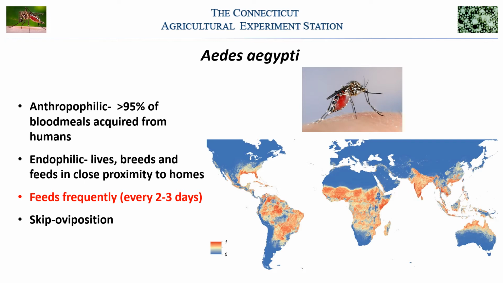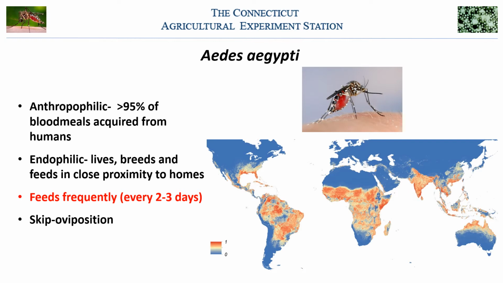And then another thing that makes these Aedes aegypti so prolific and resilient is the fact that they do this thing called skip oviposition, where they actually lay their eggs in multiple different containers as opposed to putting them all in, say, a single basket.